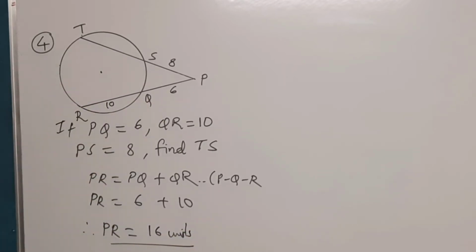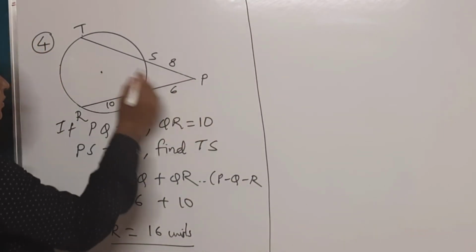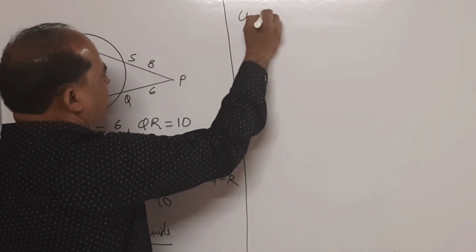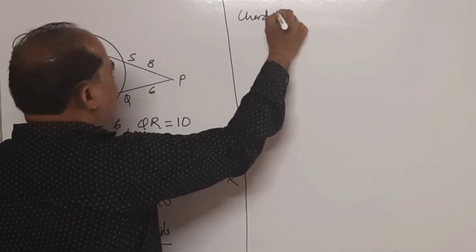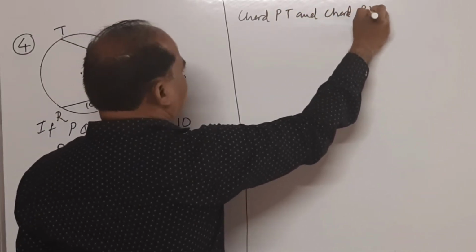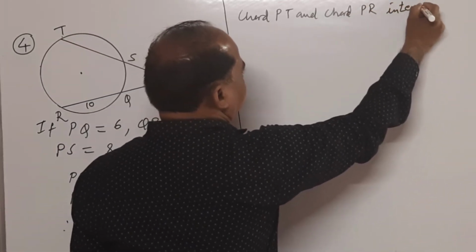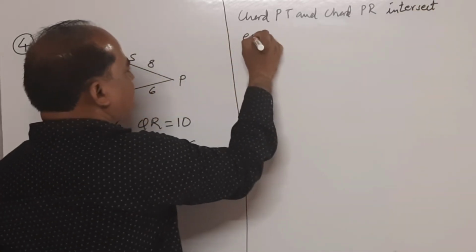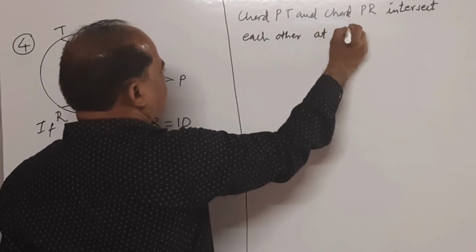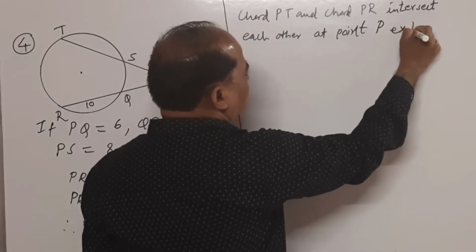Now here these two chords, TP and RP, that is chord PT and chord PR, intersect each other at point P externally.